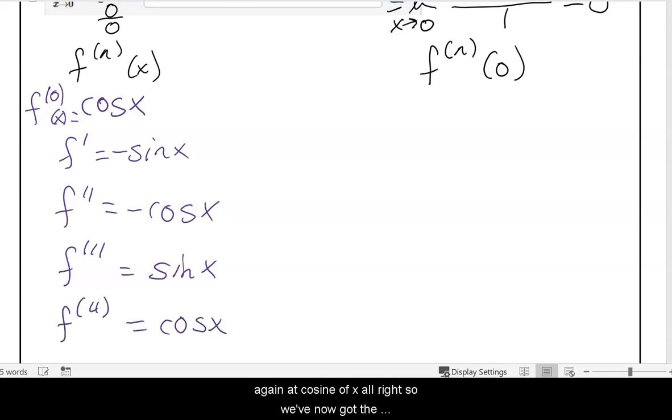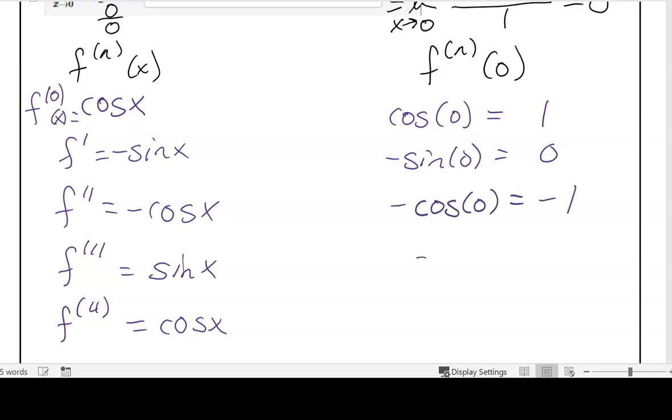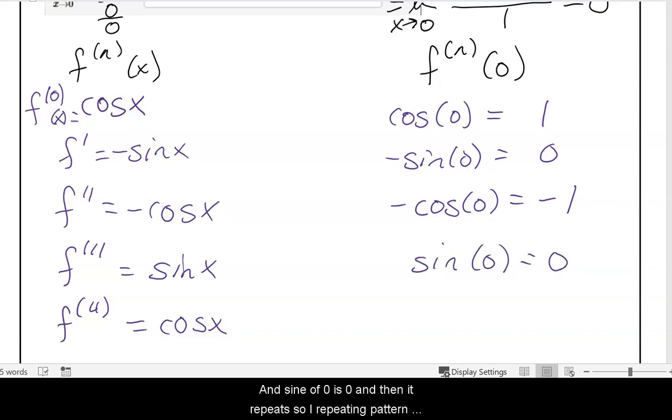All right, so we've now got the repeating pattern. From then on, it's going to repeat every 4. So if I plug in the center, then the cosine of 0 is 1, and negative sine of 0 is 0, and negative cosine of 0 is negative 1, and sine of 0 is 0, and then it repeats.